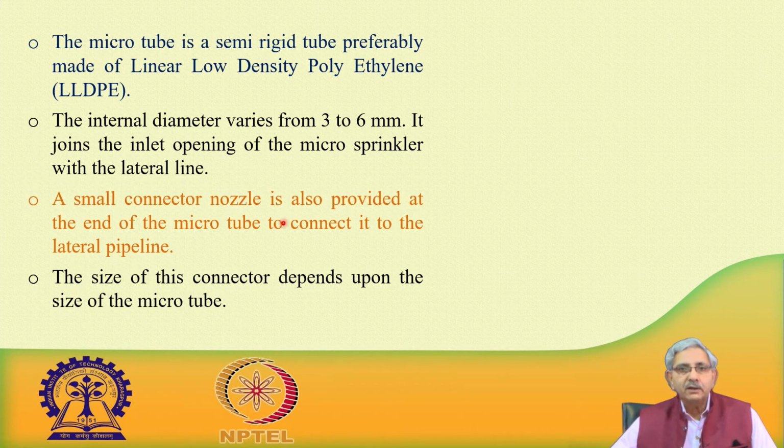A small connector nozzle is also provided at the end of the microtube to connect it to the lateral pipe. So, one end of the microtube is connected with the lateral pipe, and the other end is connected with the nozzle. The size of this connector depends upon the size of the microtube.